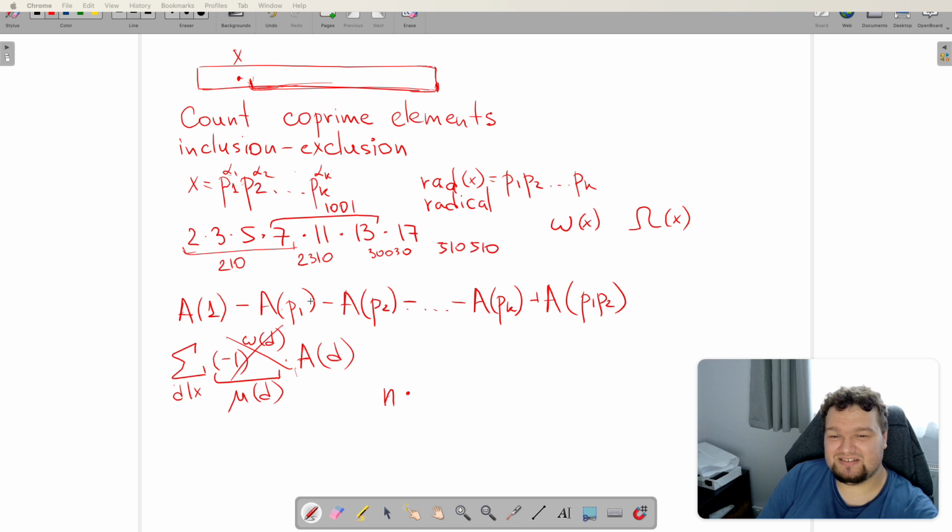But it's easier to give a good bound for that. So our good bound is 2 to the power of the maximum omega, which is 7 as we calculated. So this is the number of operations needed to calculate the sum and to maintain the function A.